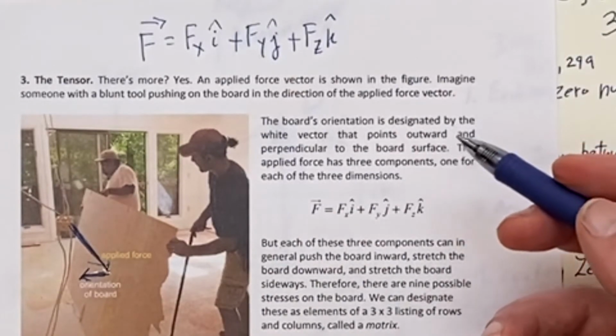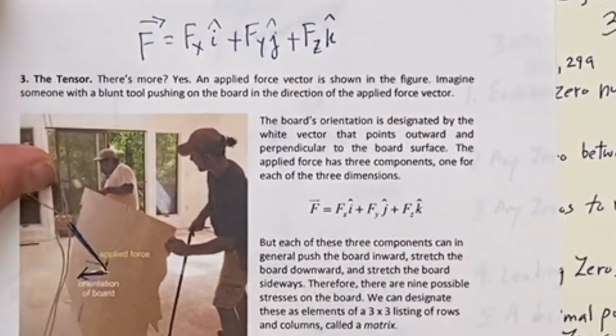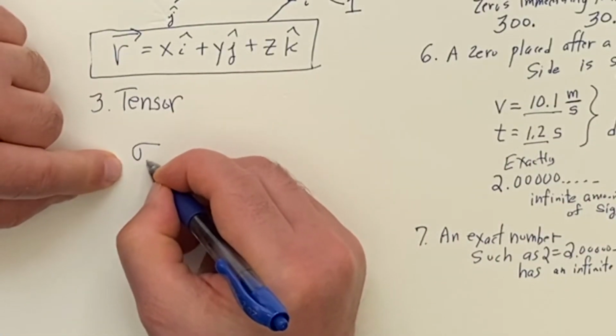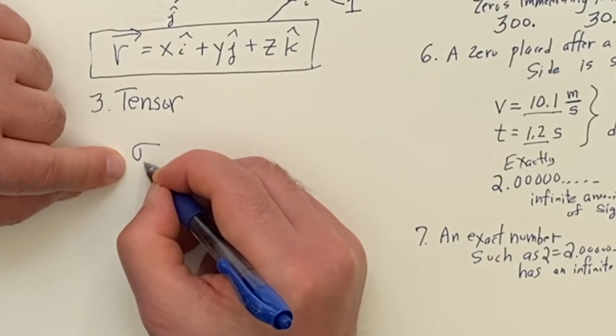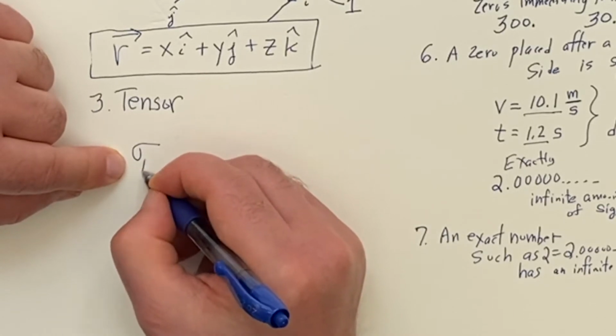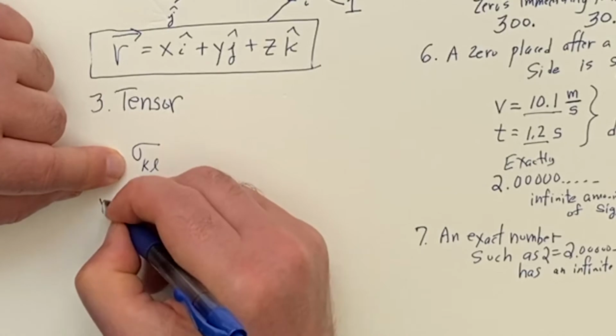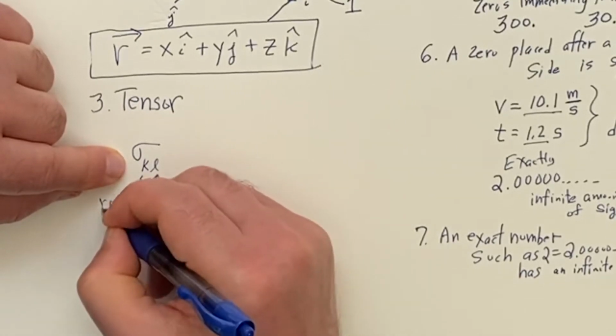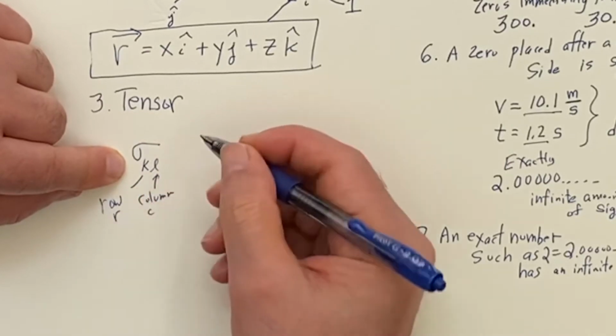So in that sense, we have 9 components for the stress. So we're going to use the symbol sigma. And here, you can think of this as, I'll put down a K and an L. This is like the row, and this is the column, right? In fact, you could use R and C if you want.